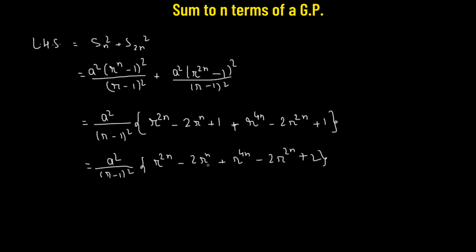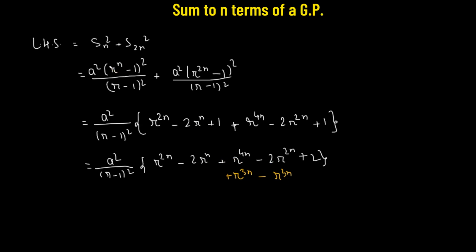So what we're going to do is add and subtract an extra term. Let that extra term be r^(3n). We add this extra term, and we also subtract r^(3n) from it.